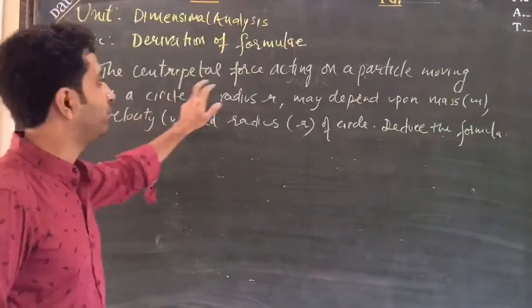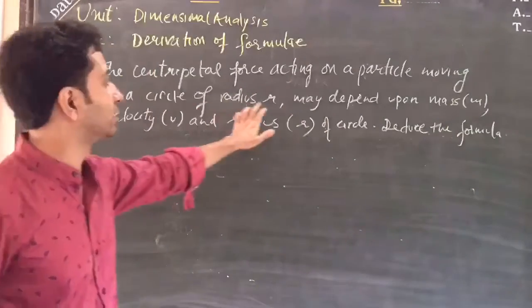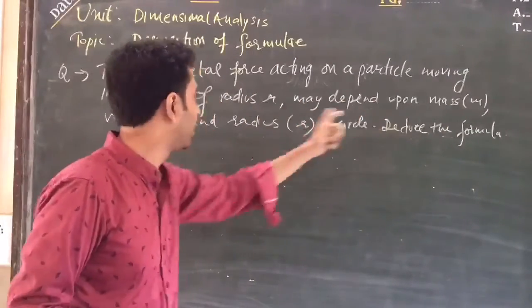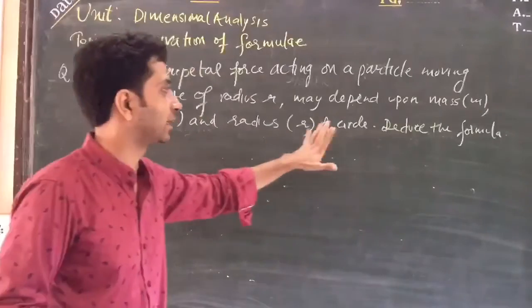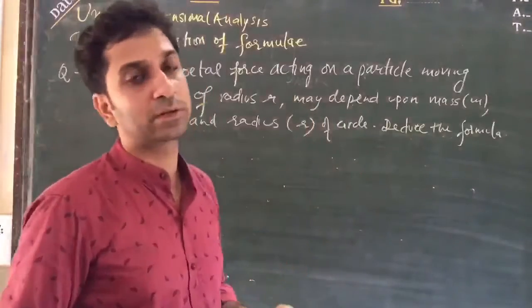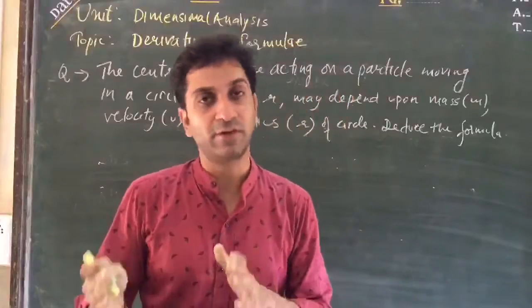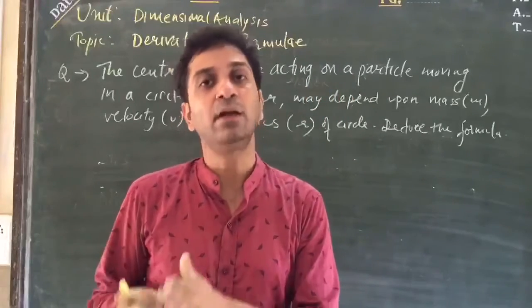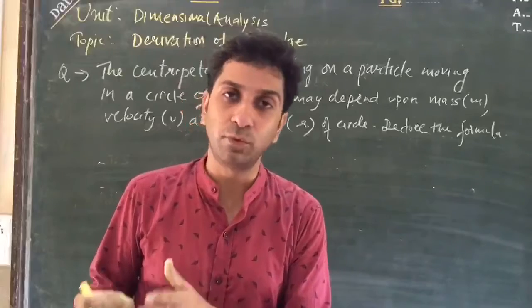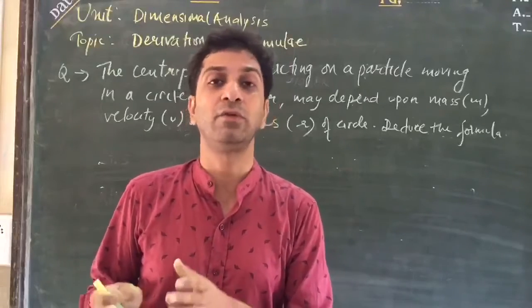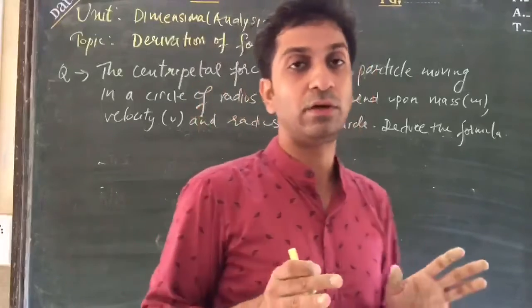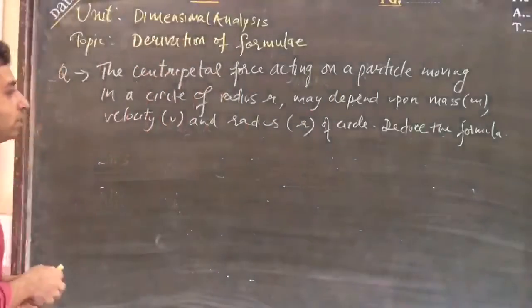So centripetal force for a body moving in a circle of radius r may depend upon mass m, velocity v, and radius r. Ultimately, we need to deduce the formula for the centripetal force in terms of the mass of the particle, the velocity v with which it is moving, and the radius r of the circle in which it is moving. See how we will do this.